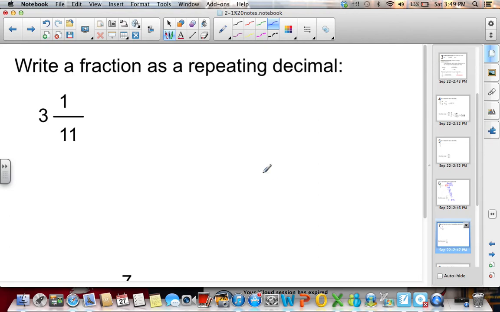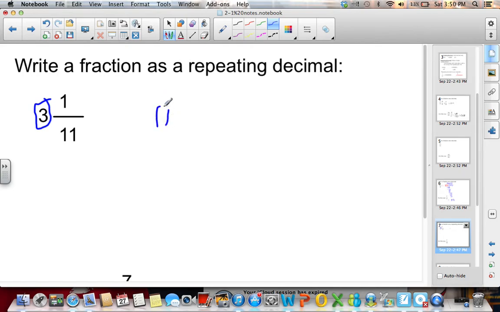Okay, so now we have a fraction, but it's going to turn into a repeating decimal. So how would we write it as a repeating decimal? Well, first of all, I have my 3 that I'm going to circle. And remember that I have to go back to that. And for now, I'm going to do the same exact thing.